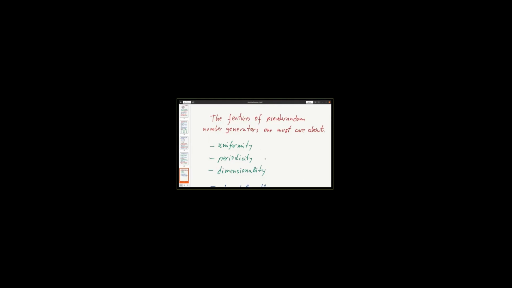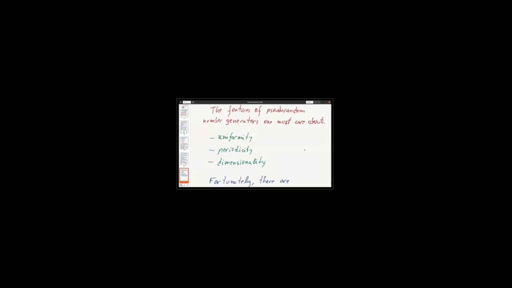Periodicity, that is how many numbers of the series you can get before it starts repeating the same series. And dimensionality is how large the space is where the vectors built with this distribution can be found.